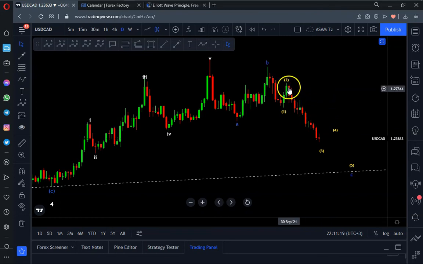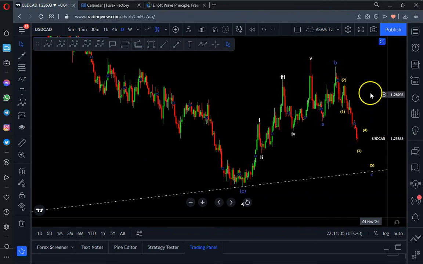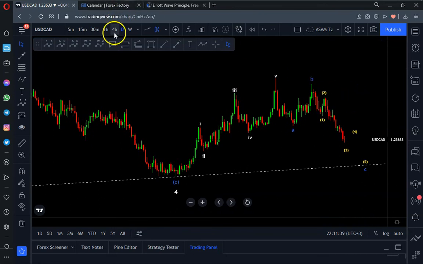So we expect a big correction, not necessarily deep, but it must be a big correction, taking around this area. After that correction, our expectation is the completion of the fifth wave to the downside. This is the overall market structure in the daily time frame.